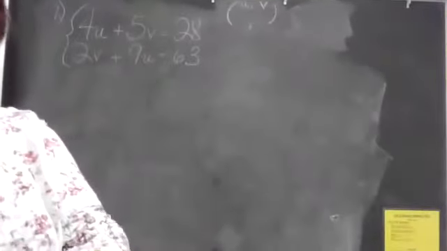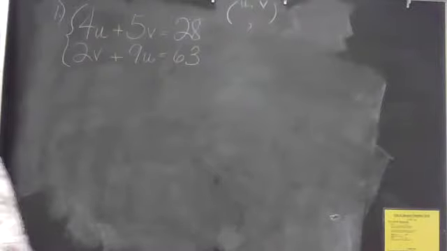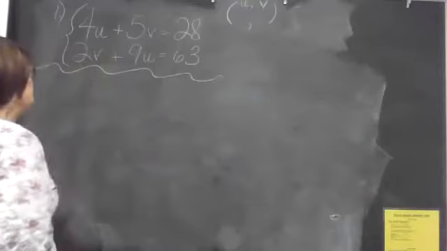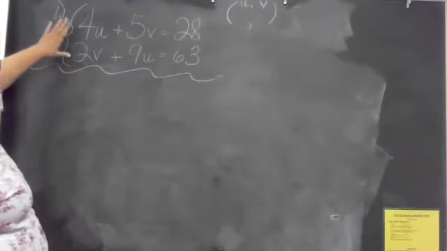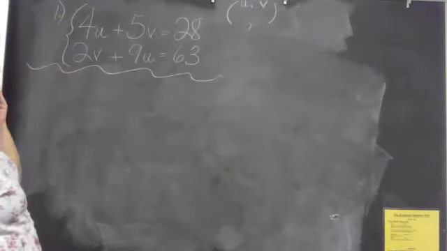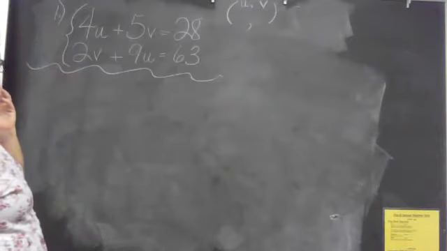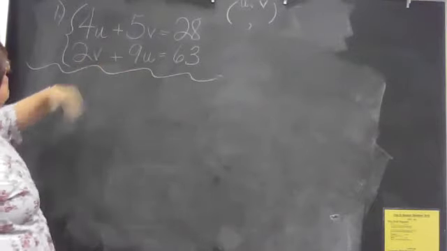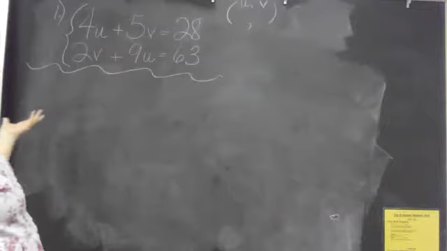Everybody good? So here's how we've been working this. What we decided is you can choose either equation and you can choose either variable to start with. Obviously, neither one of these are even close to being solved for a variable, so you can choose whatever you want.